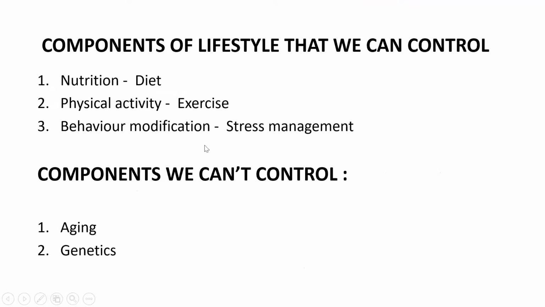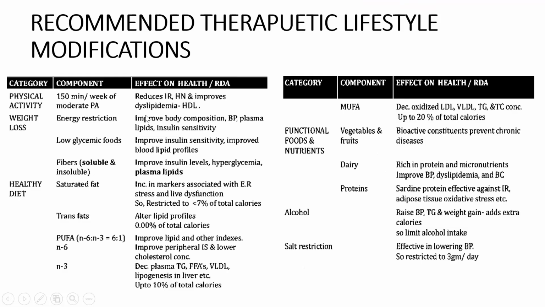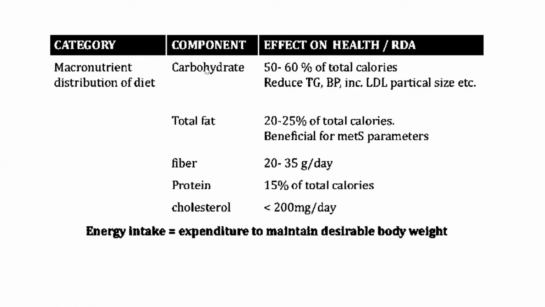So what are the components of lifestyle that we can control? That is nutrition, physical activity, and behavior modification. And the components that we can't control are aging and genetics. Here are the recommended therapeutic lifestyle modifications, that is physical activity, weight loss, healthy diet, functional foods and nutrients, alcohol, and salt restriction, and how they affect and what their recommended dietary allowances are.